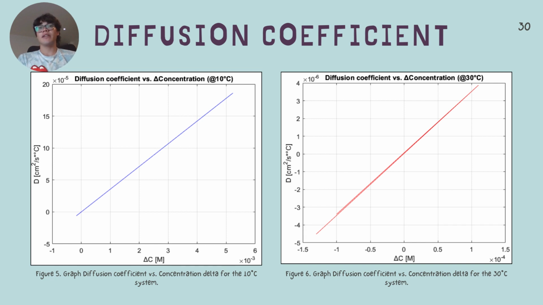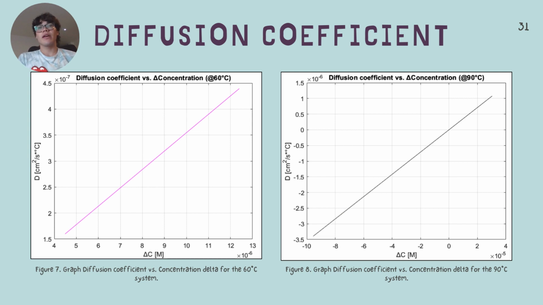And we can see that in each system, we can see a similar tendency, a linear tendency exactly. And here we have the same graphs for the system at 60 degrees and the system at 90 degrees.